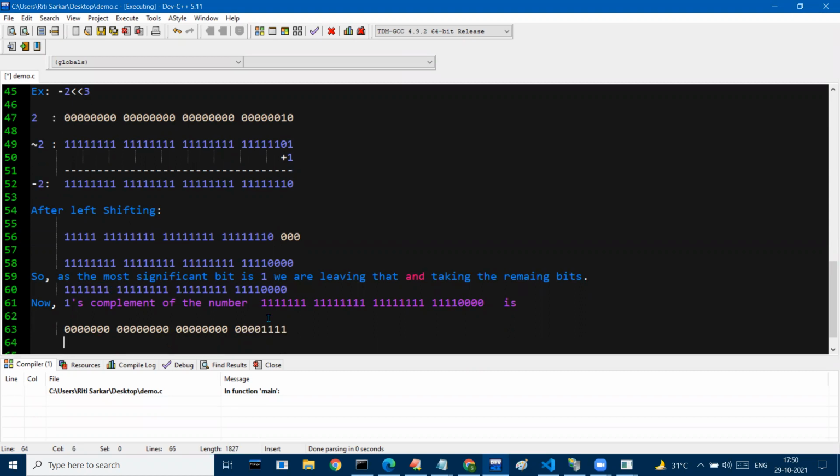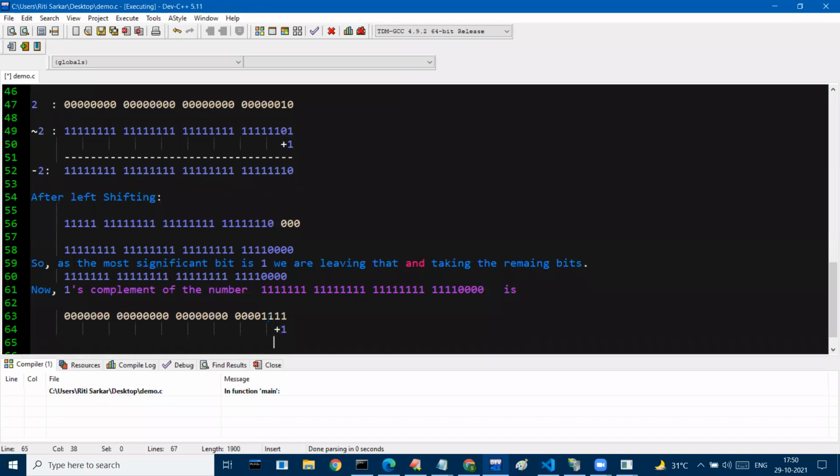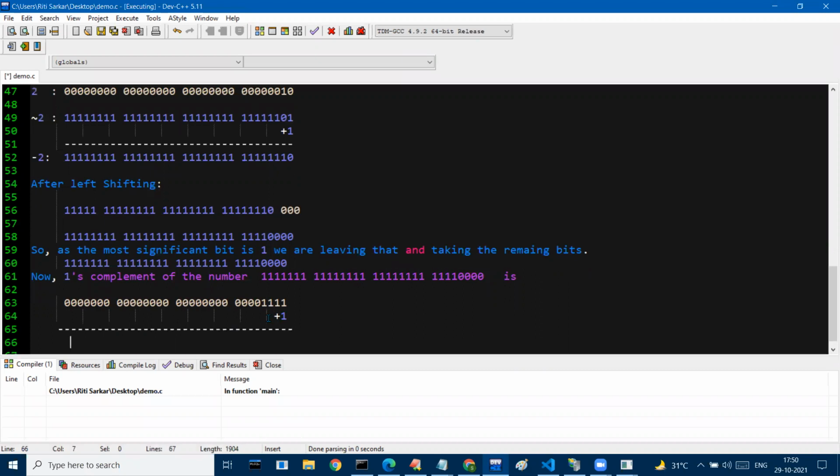This is the 1's complement, but actually one needs to get the 2's complement, that means plus 1. Now what do you get after addition?